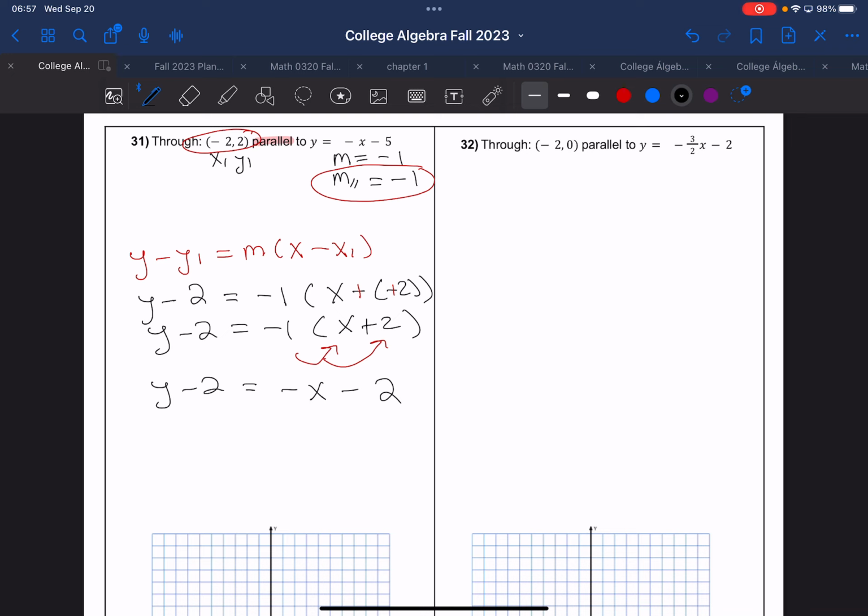And then last step, add 2, which leaves me with y is equal to negative x. And in this case, I'm just going to write that plus 0 since we are graphing, so we could see that the y-intercept in this equation is 0. Okay.